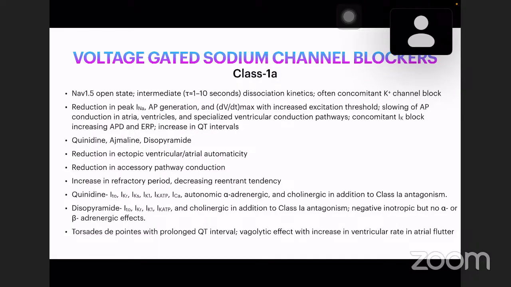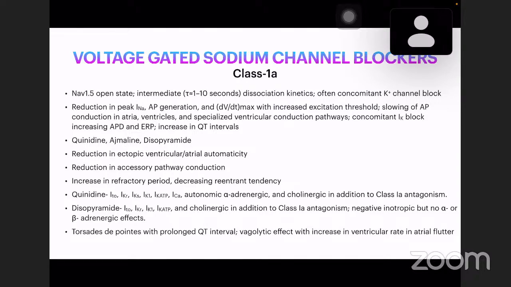Often concomitant potassium channel blockade is also there in some drugs. It causes a decrease in the peak inflow of sodium and decreased action potential generation, with an increased excitation threshold. So it slows action potential conduction in the atria, ventricles, and ventricular conduction pathways.